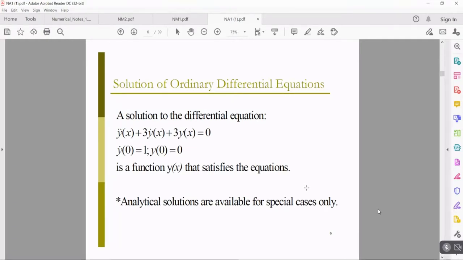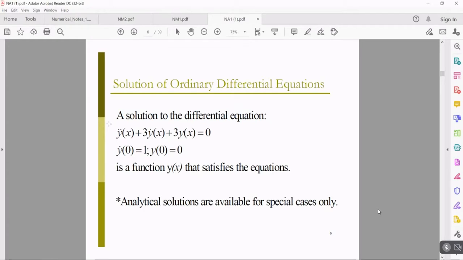how to solve a differential equation, and there you learned linear differential equations with constant coefficients, and some differential equations which are non-linear, but in a limited number of cases. You know that if the differential equation is of a particular type, then only you are able to find its analytical solution.